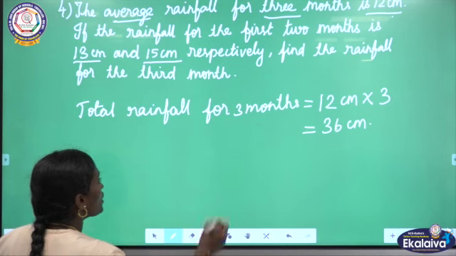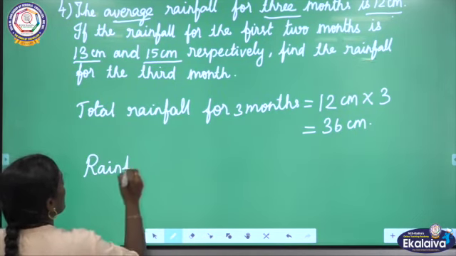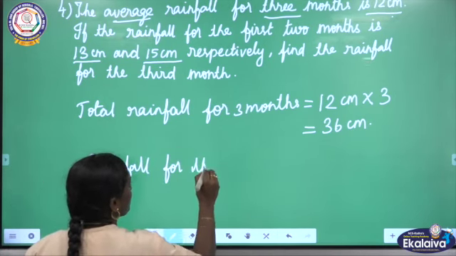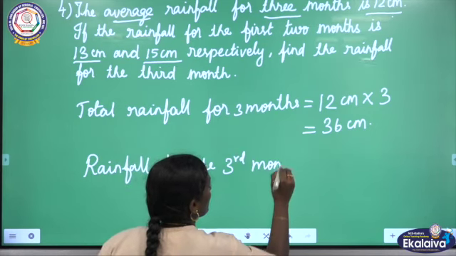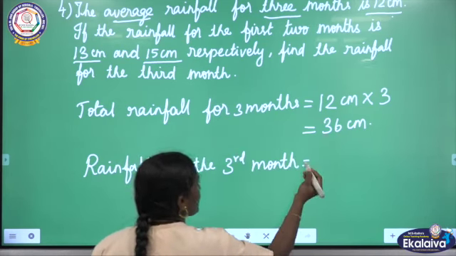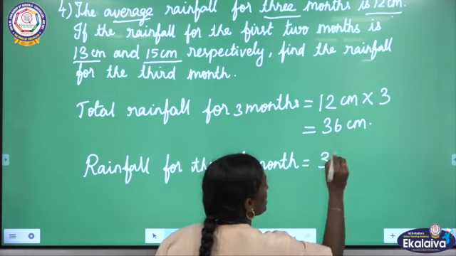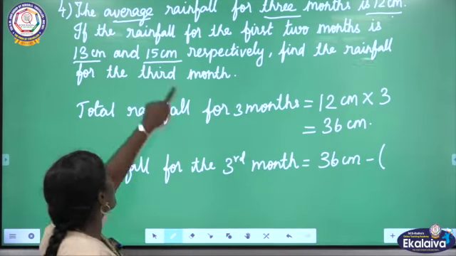month, isn't it? So, the rainfall for the third month is equal to, from the total rainfall for 3 months, we are going to subtract the given 2 rainfalls.